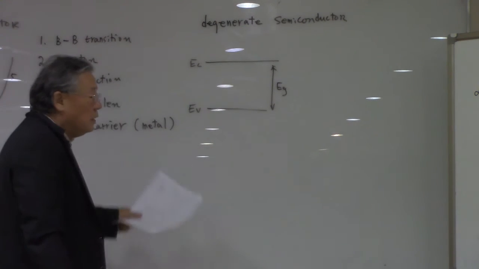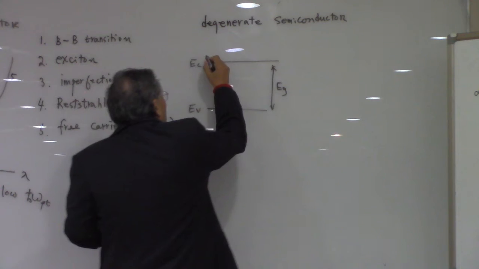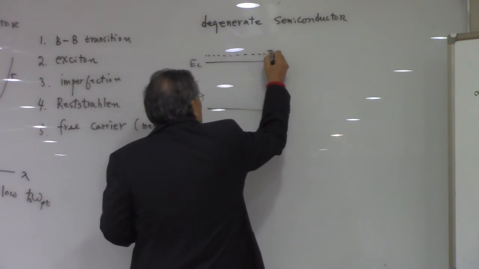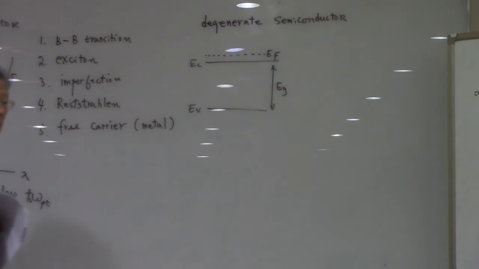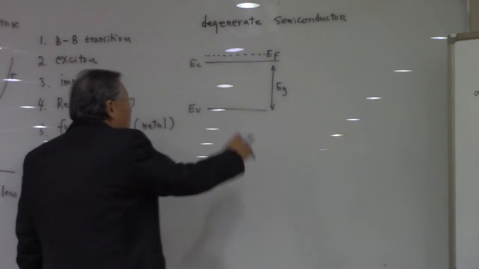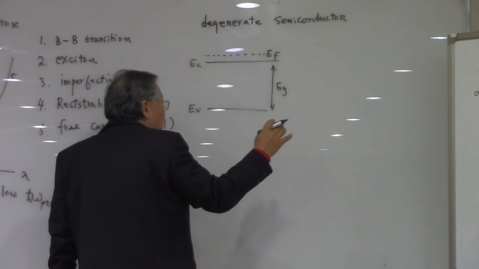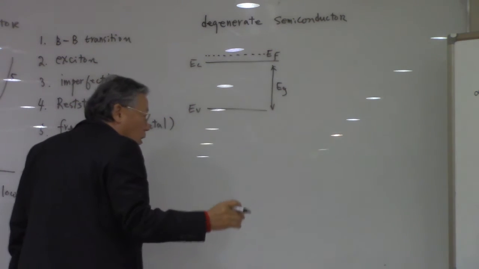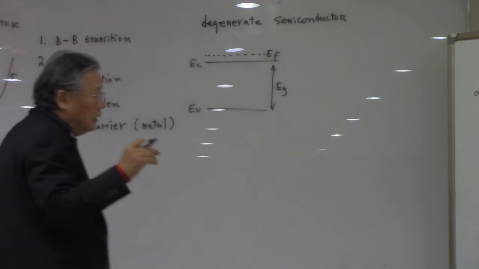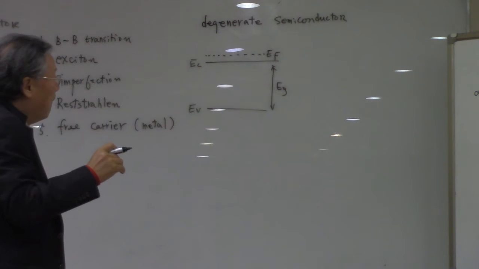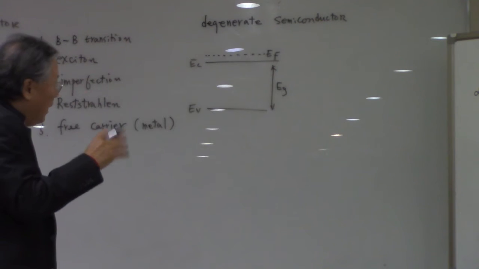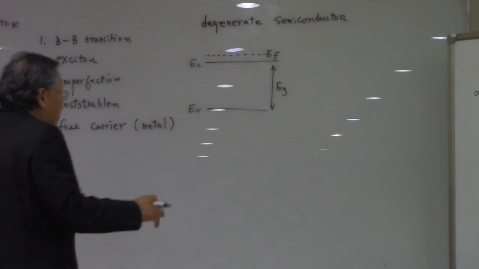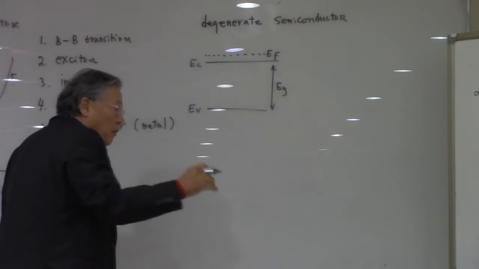But if you have a degenerate semiconductor, it means that the Fermi level now is sitting above the conduction band, something like that. So that in a typical semiconductor, the probability of electrons to occupy that energy level should be half. And that is the definition of the Fermi energy.